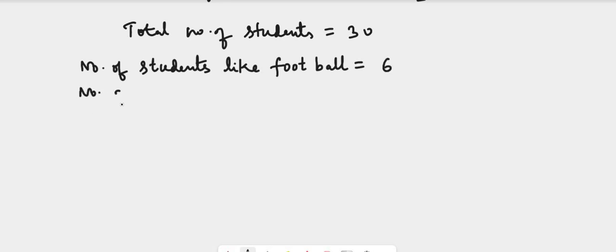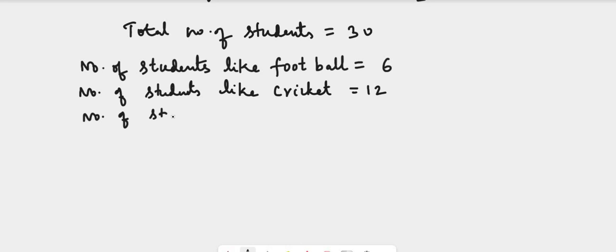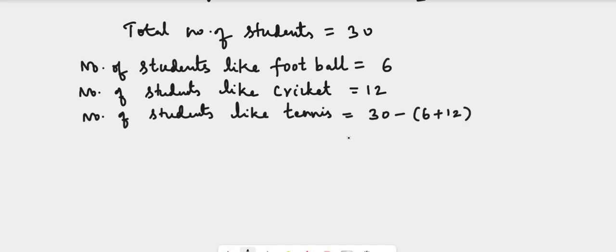Number of students like cricket equal to 12 members. Remaining students are like tennis. So number of students like tennis, that is equal to 30 minus 6 plus 12, that is equal to 30 minus 18, so 12.